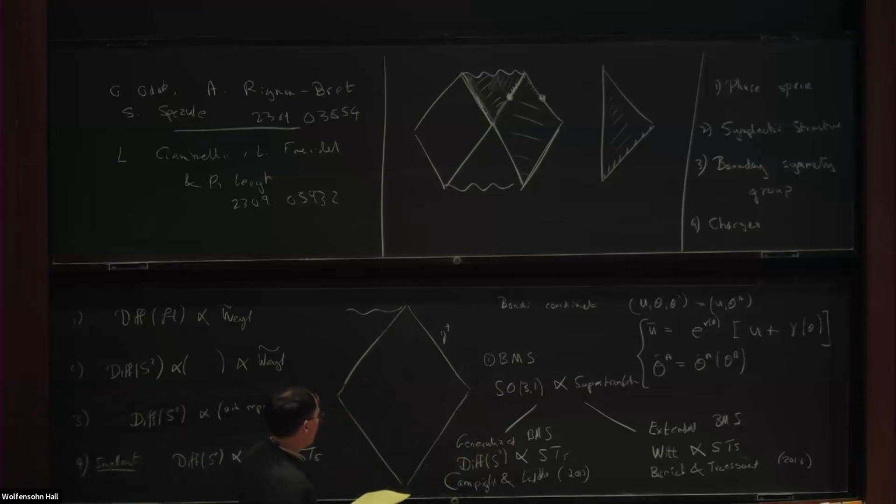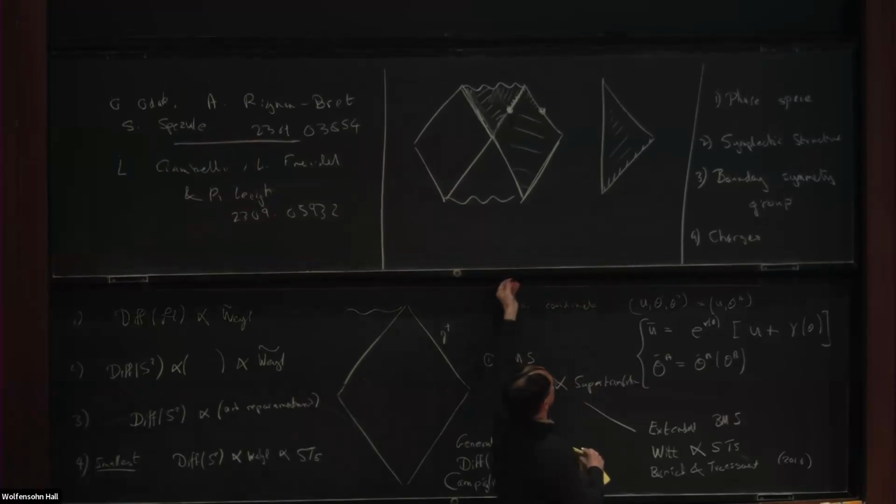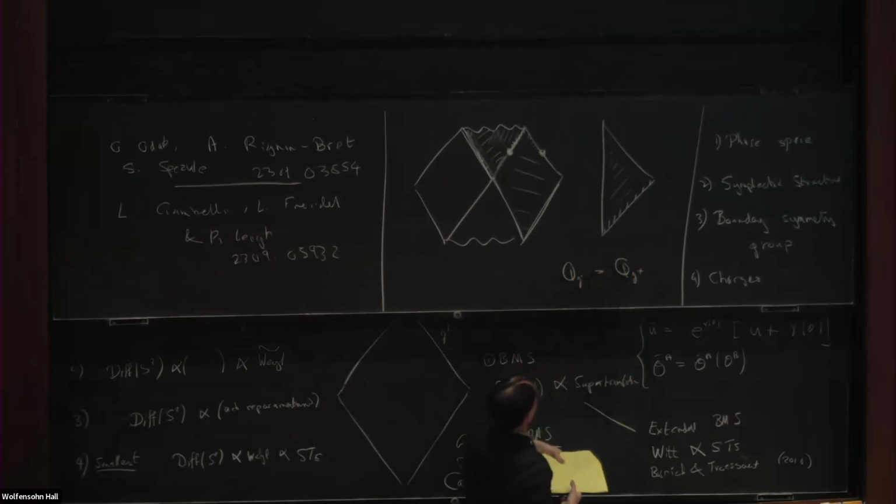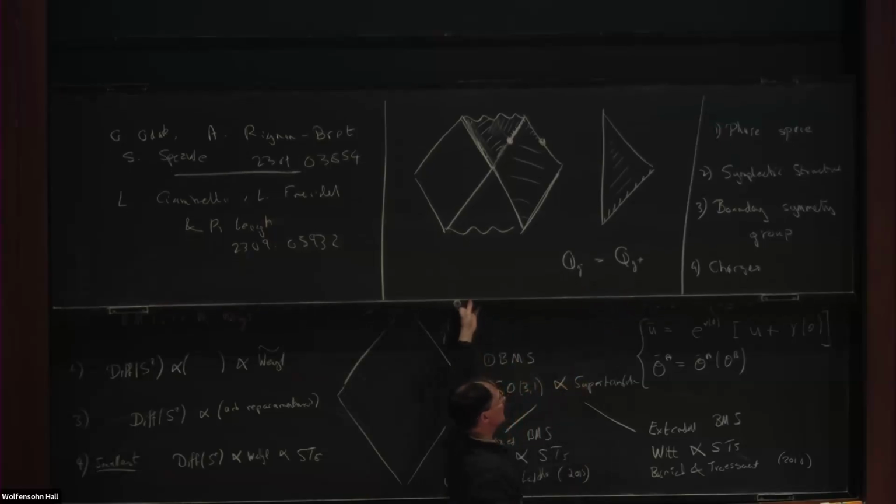Several years ago, Andy Strominger argued that even in the original BMS context, there's a global conservation law for scattering in this type of spacetime that says something like Q at scri minus is equal to Q at scri plus. In other words, it's a quantity you can compute from data on past null infinity, and it has to match a corresponding quantity from data on future null infinity. And there's such a conservation law for every generator of the group.